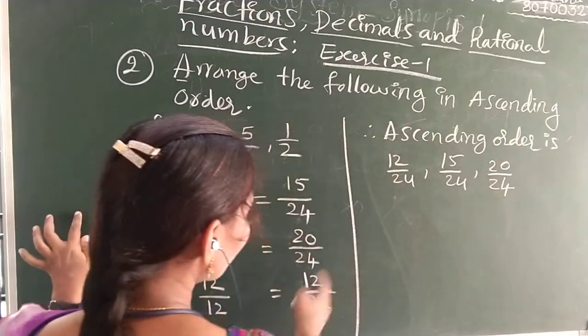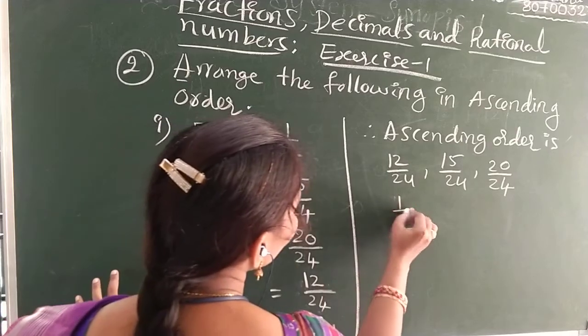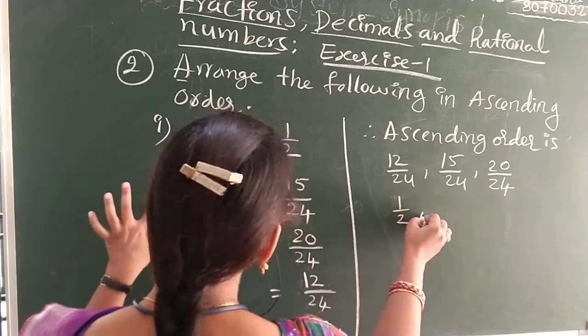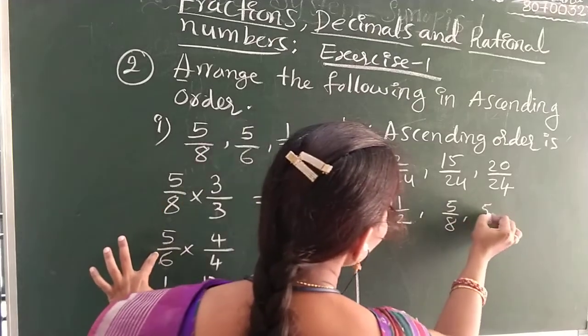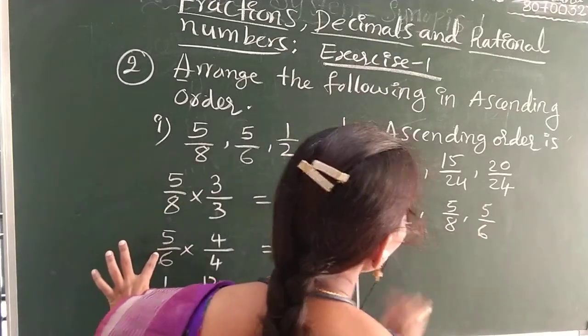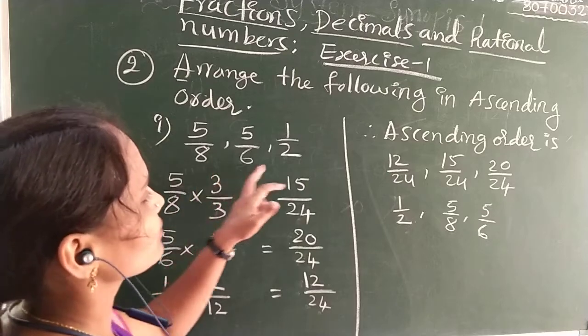Corresponding fractions also you need to write: 1 by 2, next 5 by 8, next 5 by 6. This is the ascending order of the given fractions.